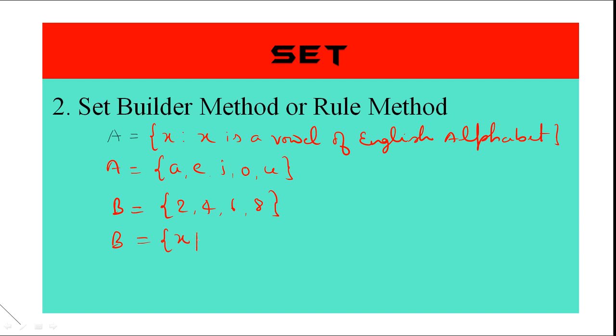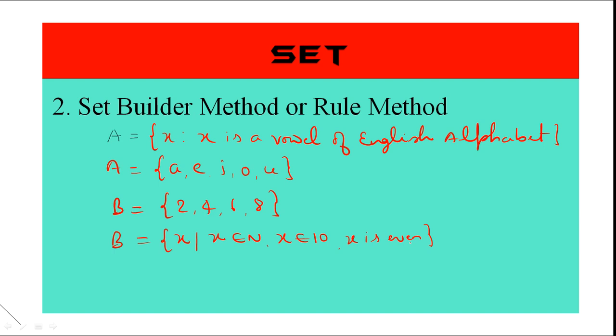It means x is a natural number, and x is less than 10, x is even. Even in place of 3 rules, I can write a single rule: x is an even natural number less than 10. So, the lower one is set builder method.